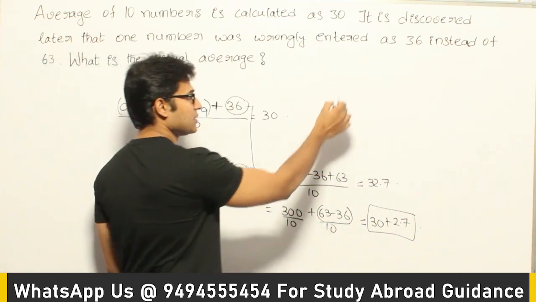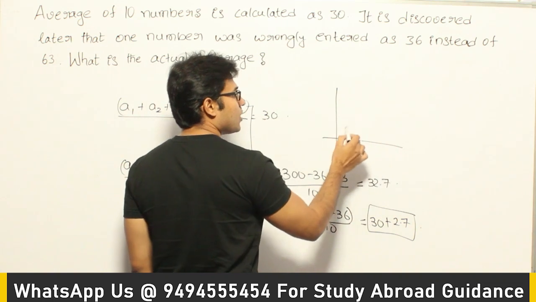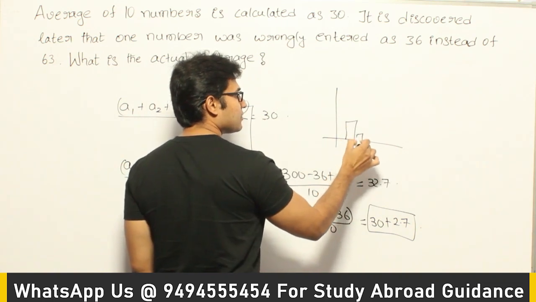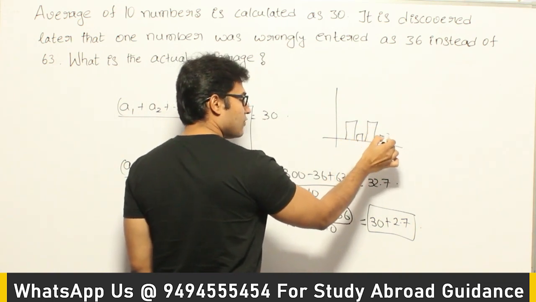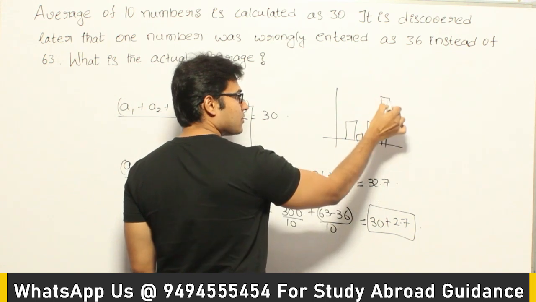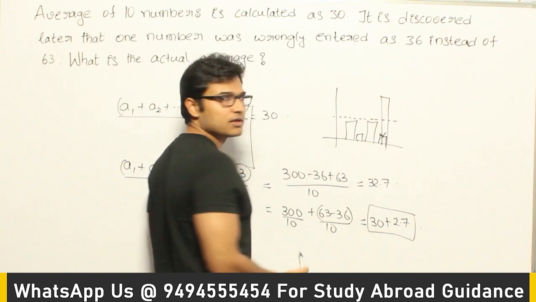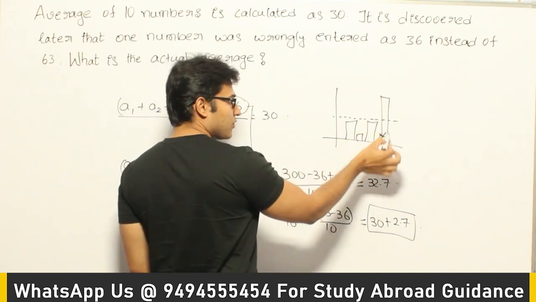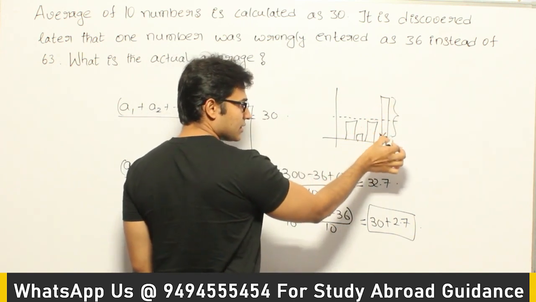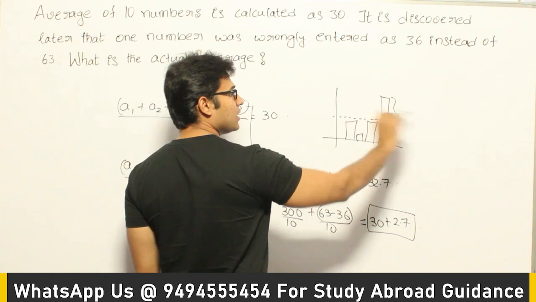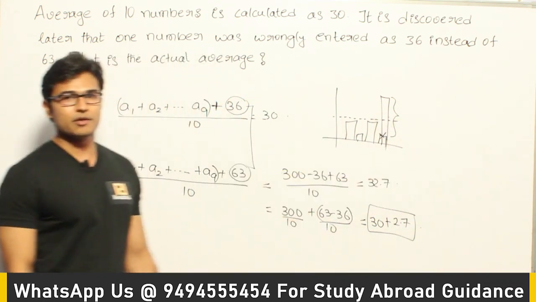See, what I mean to say is, say we are having some values like this, right? And now suddenly one value is replaced by some other value, right? Now if you assume that the initial average is somewhere here, whatever this difference is will have to be distributed across all the numbers, right?